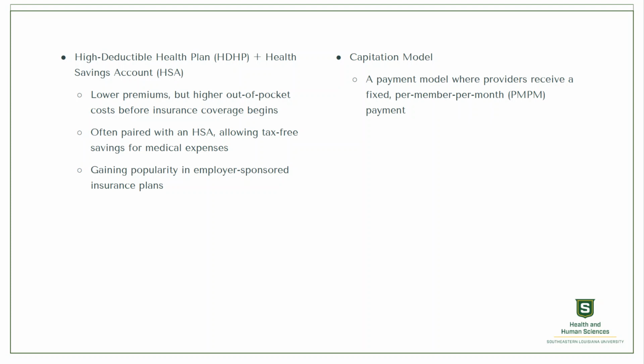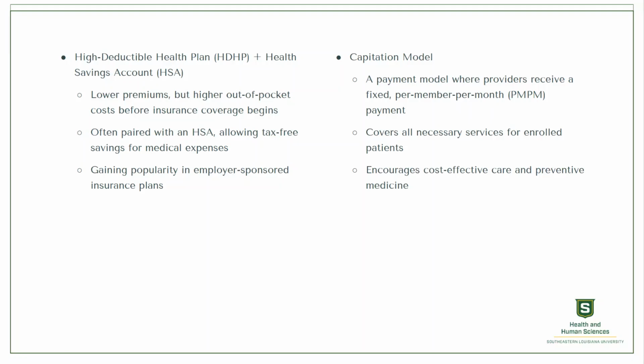So regardless of the services that you provide to a patient, this is the amount of money you will get paid for seeing the patient in the month. It covers all necessary services for those who are enrolled in their care. It does encourage cost-effective means and preventive care, because it's per member per month, so it's easier to push for preventive care, which helps avoid things escalating and getting worse.